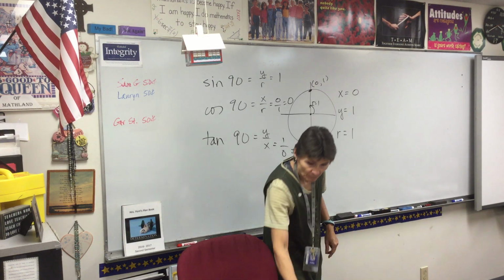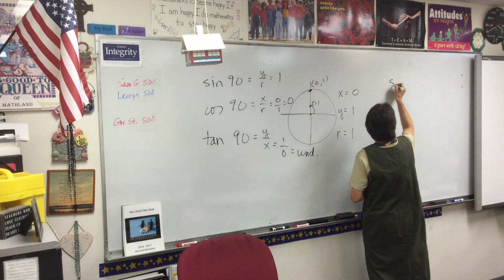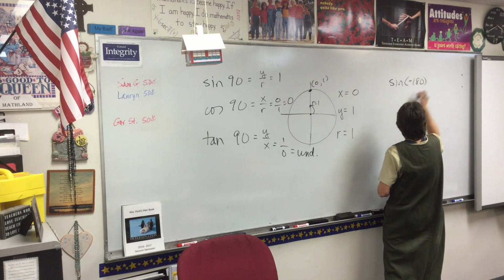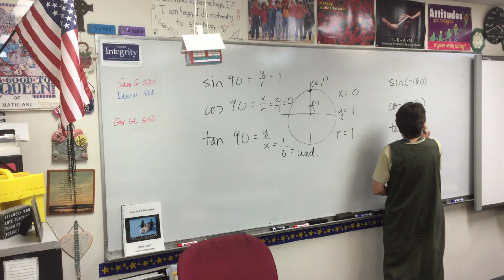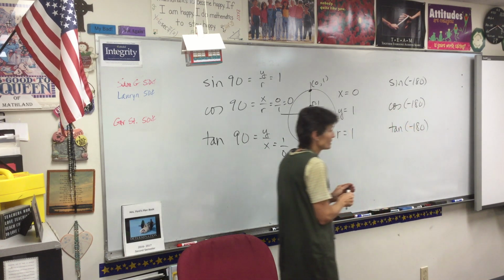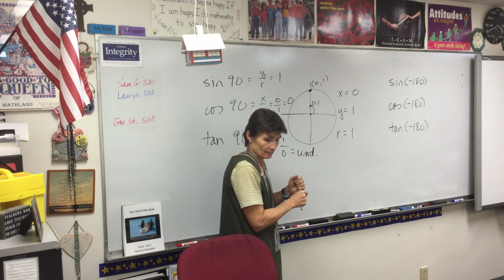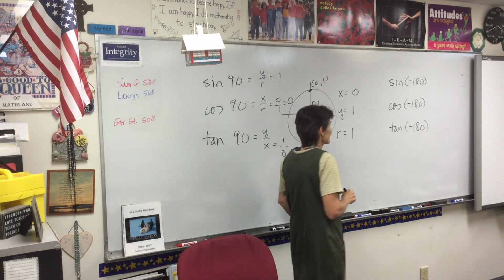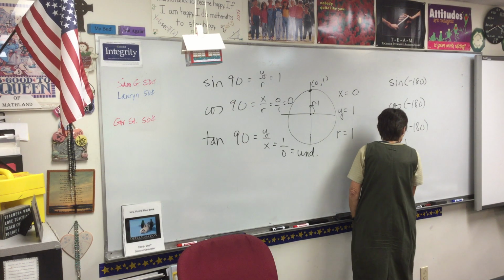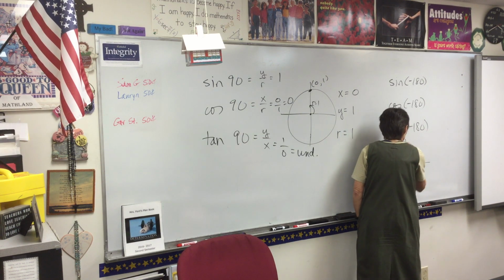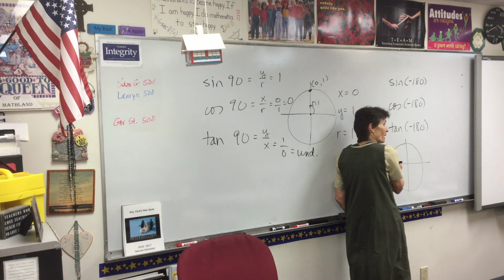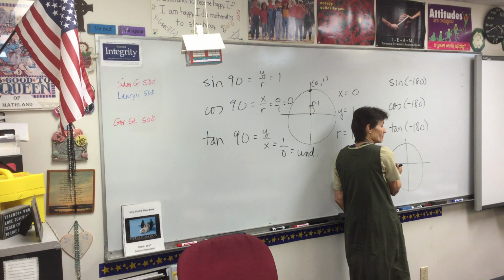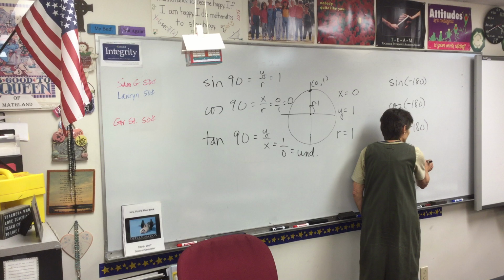Now, let's do the same thing with negative 180. All right, we'll finish this and then I'll shut up, okay? Where is negative 180? Isn't it going to be right here? It's actually in the same spot as positive 180. Wait, this is 0.